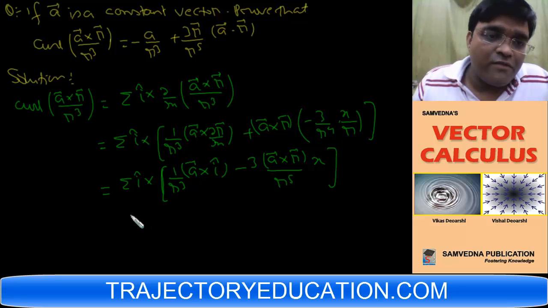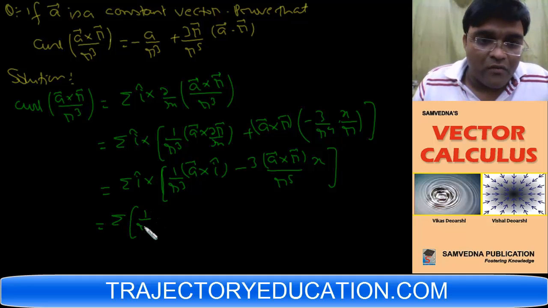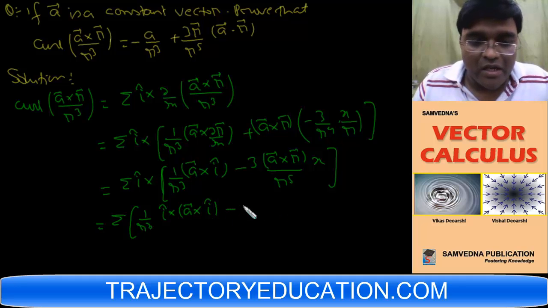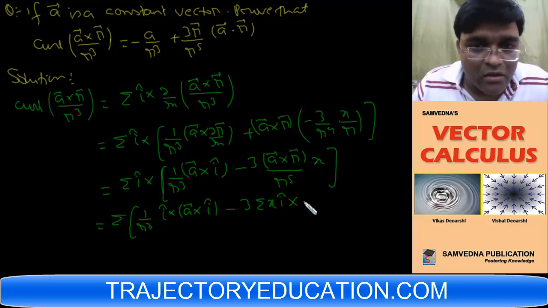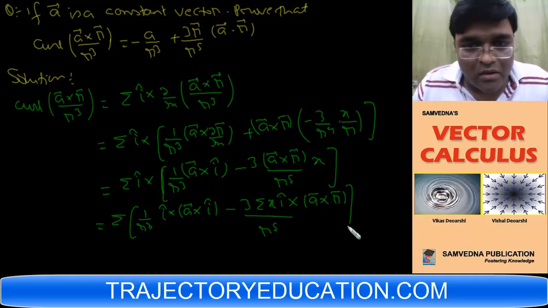Alright, so this will be equal to Σ (1/R³) i×(A×i), and this x is scalar, so I can take x_i over here also, so this will be Σ x_i i × (A×R)/R⁵.